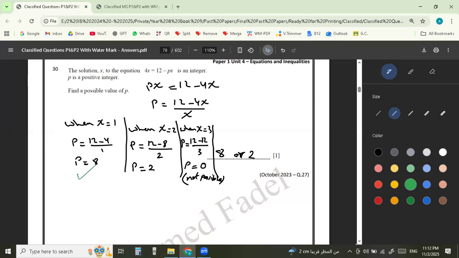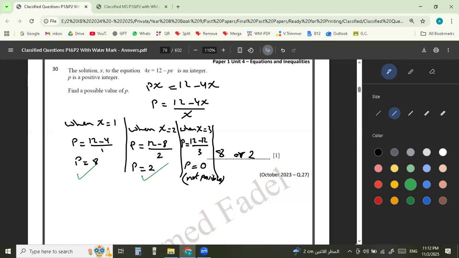Then when x is 2, 12 minus 8, because negative 4 times 2 is negative 8, so 12 minus 8 over x is 2, then 4 divided by 2 is 2. Another possible value for p is 2.